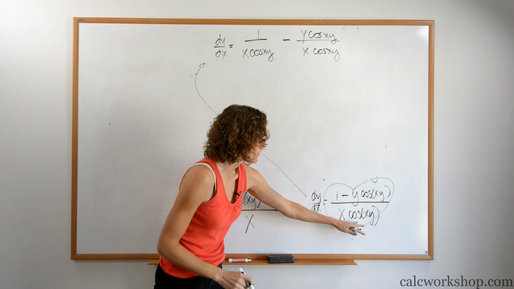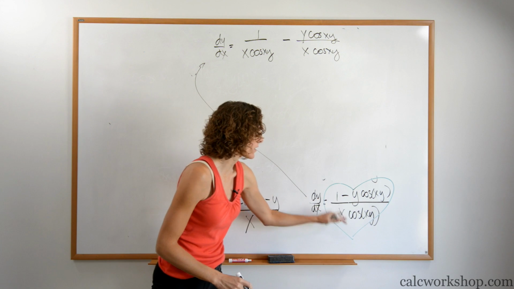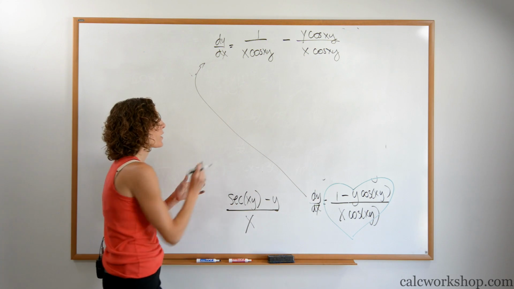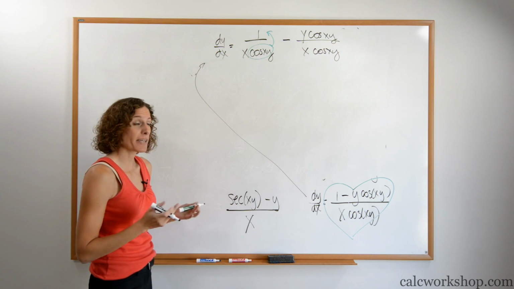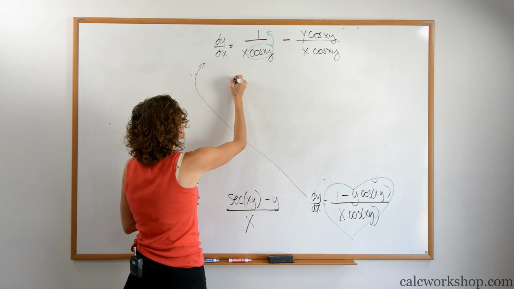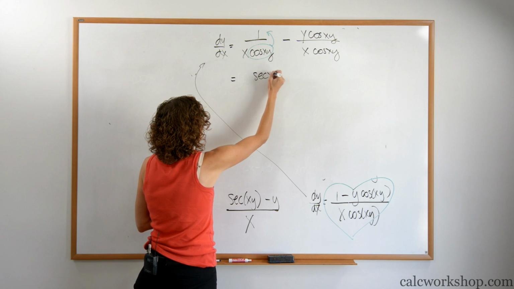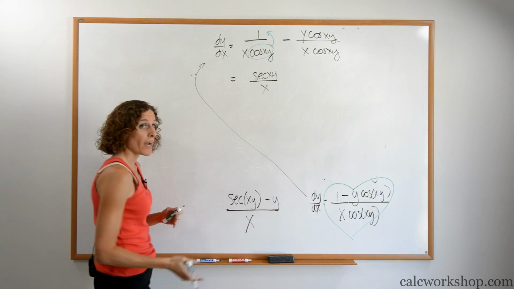So I heart division, the bottom applies to everything in the numerator. And what do we see? Well, do you agree he can flip up to become secant like we have over here? So that means I've got secant of xy over x.